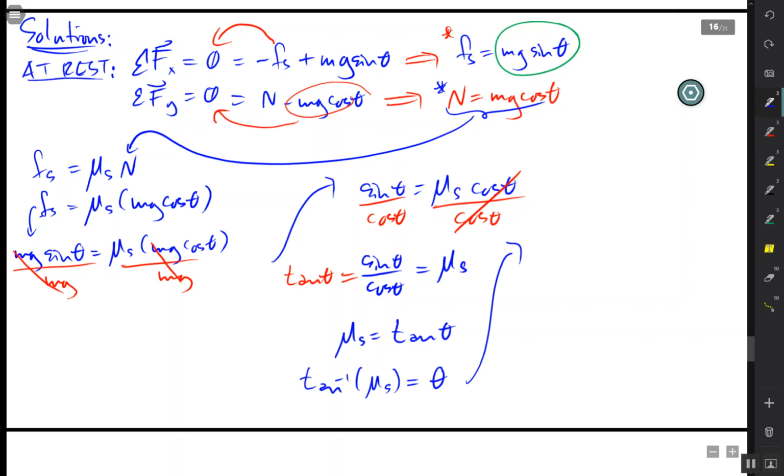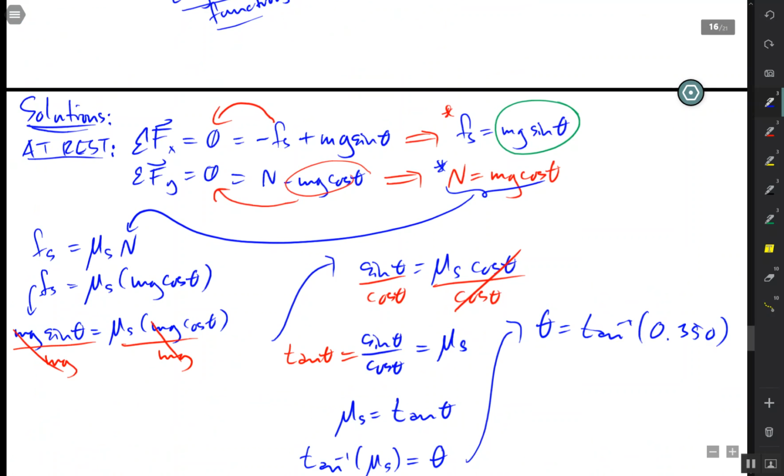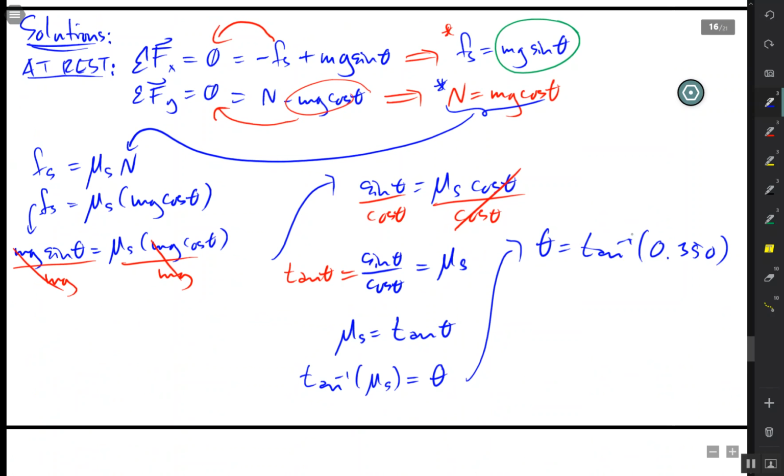And then plug and chug. What was the 0.35? So we didn't even need that mass at all. That's tangent inverse, or arctangent. Essentially means the same thing, and that will give you an angle of not that big of an angle, really.